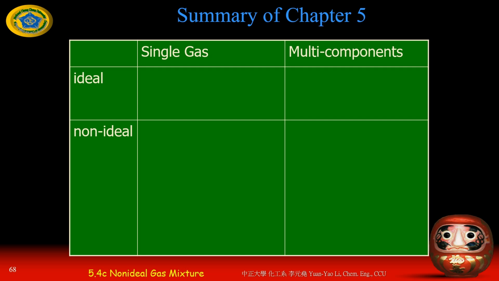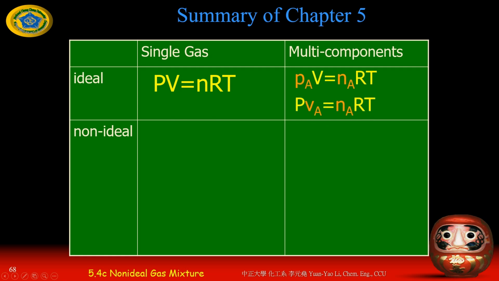So let me use this table today. For a single gas, if you use the ideal equation of state, this is an ideal gas system, and you use PV equal to nRT. This is easy, right? For multi-components, the system also obeys the ideal equation of state, PV equal to nRT.